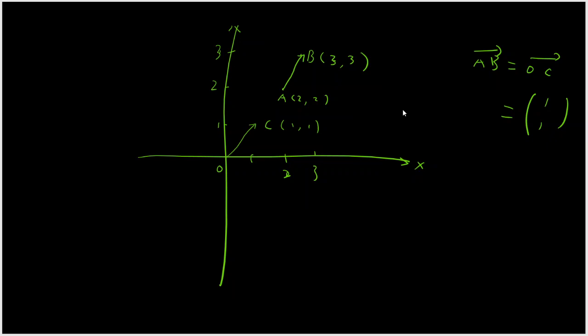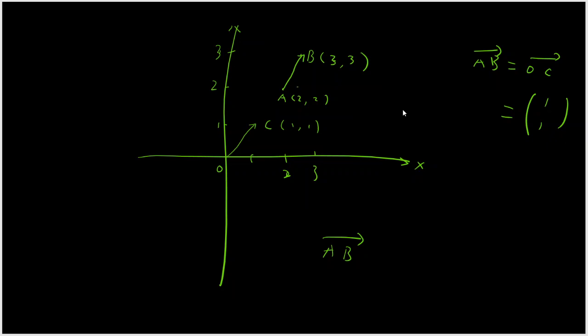Now I'm trying to represent the vector AB using its components. I'm making the notation consistent with the theorem.